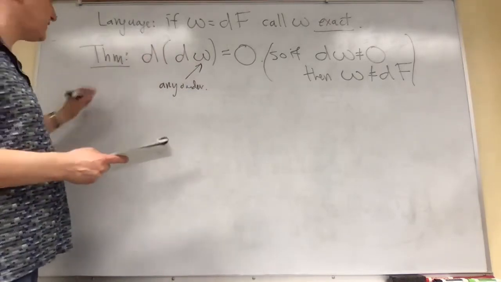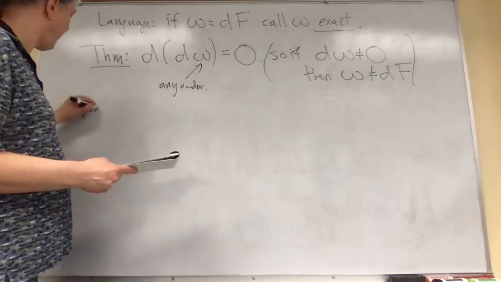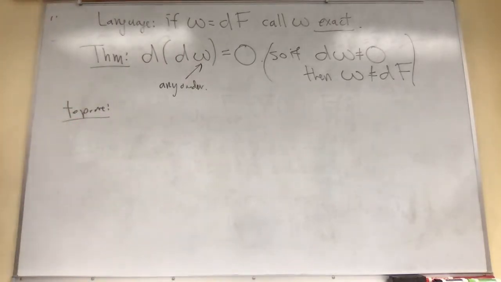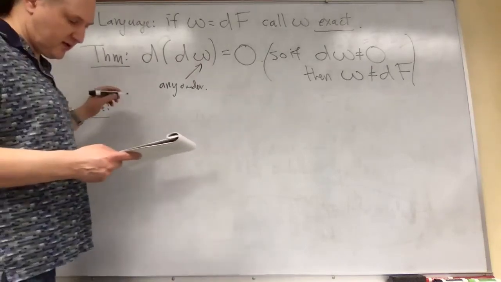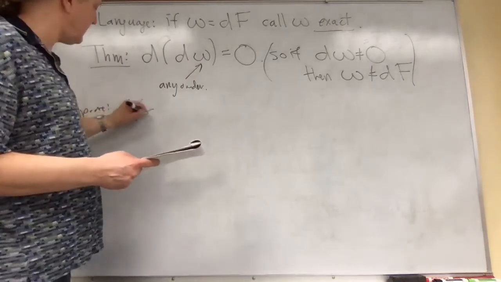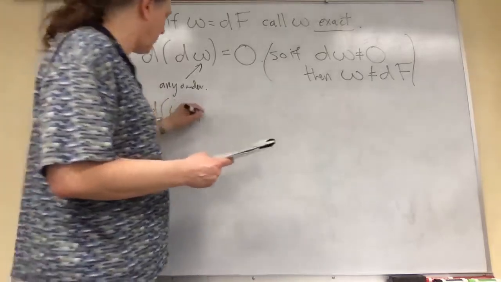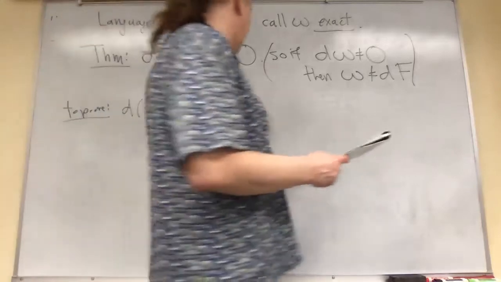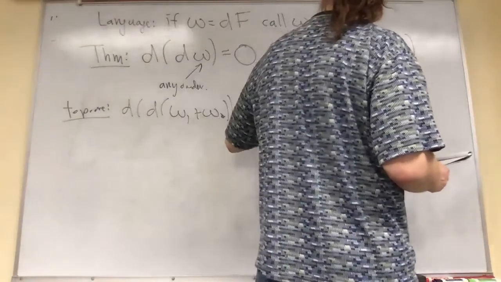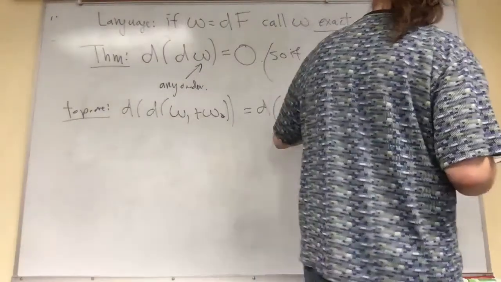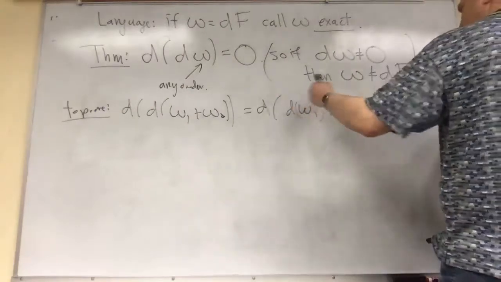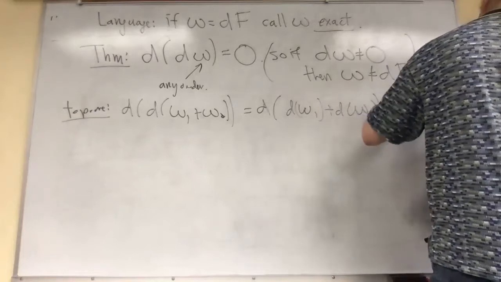To prove this result, what do we got? Well, one thing that's worth noticing is the derivative of omega 1 plus omega 2 is the derivative of omega 1 plus the derivative of omega 2. So we can separate this sum apart.